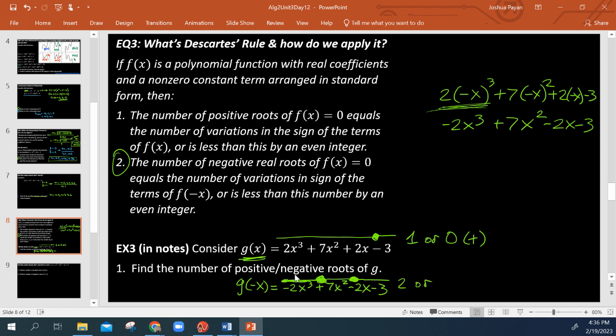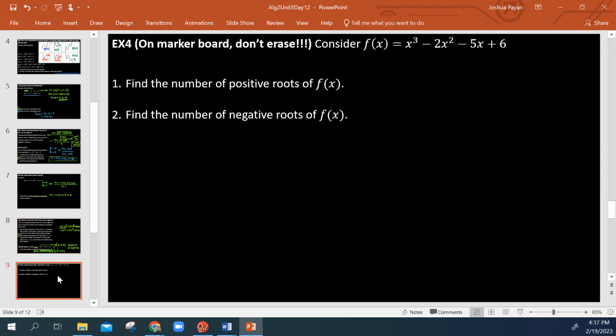So 2 or 0 of these roots will be negative. Okay, and they have to add up to 3, right? This is a third degree polynomial, so that means 1 is positive and 2 are negative. Okay, very simple.